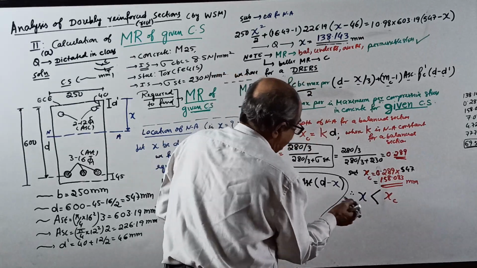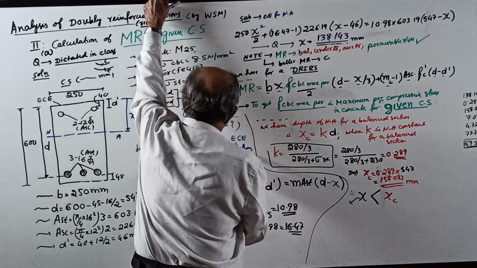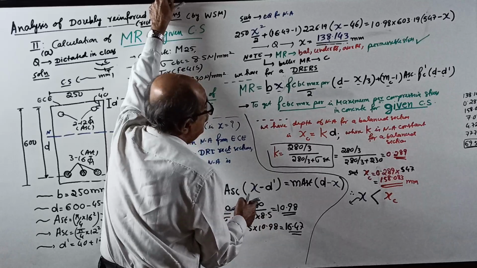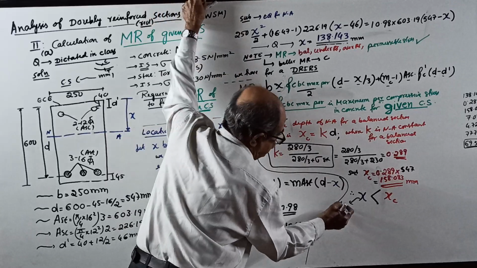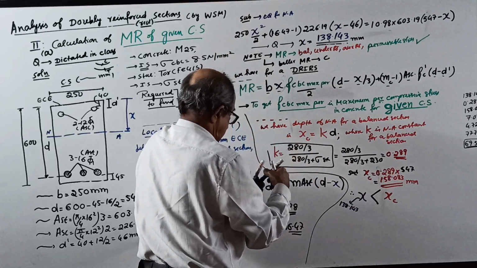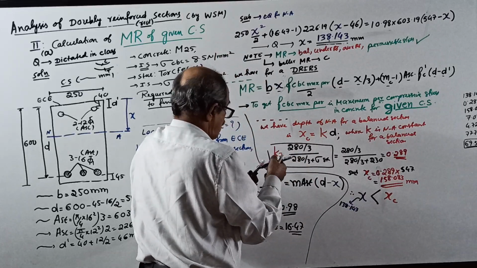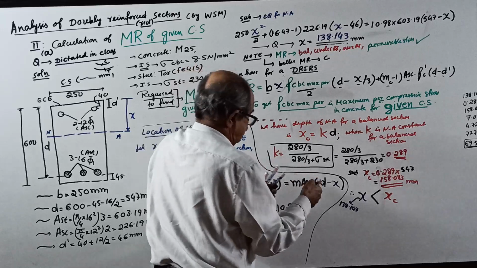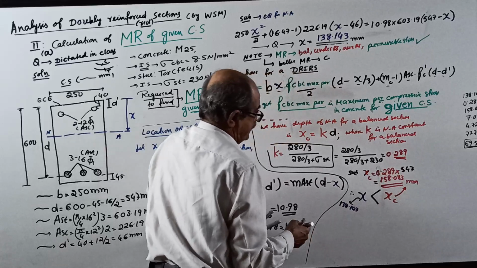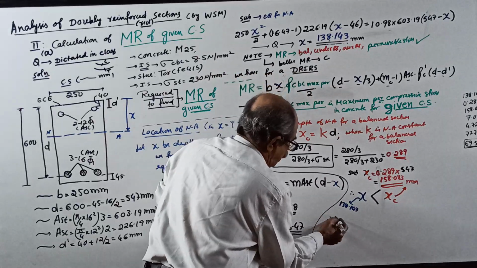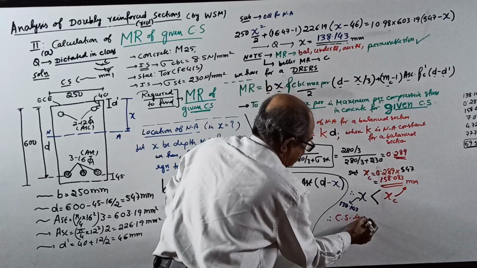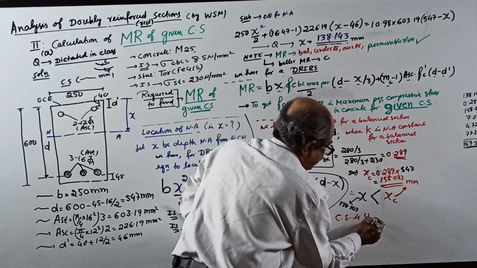I write once again, X we got, 138.143. Your XC, just now you got, the red color value is here only. Therefore, X is lesser, so the cross section is under reinforced.